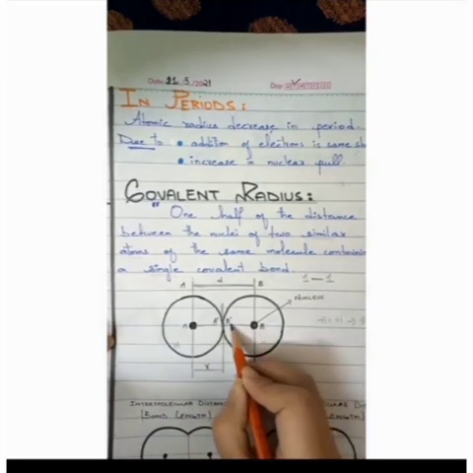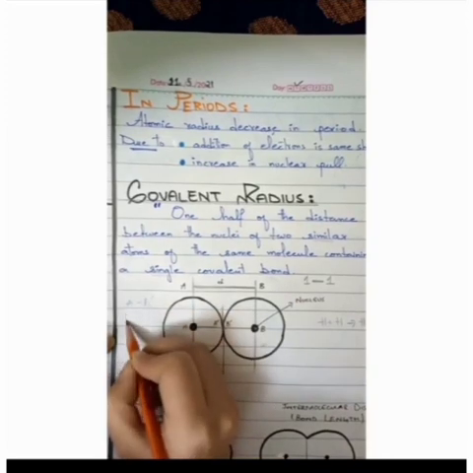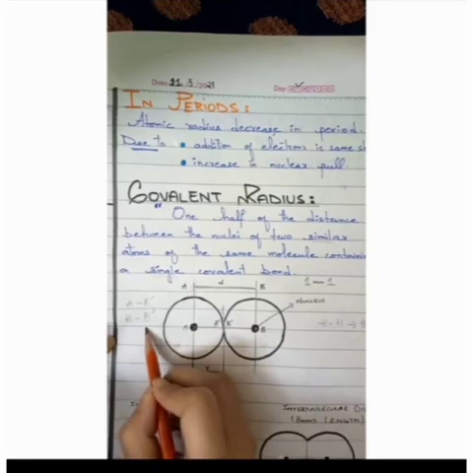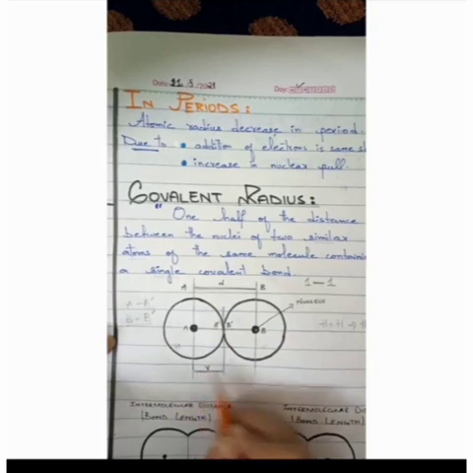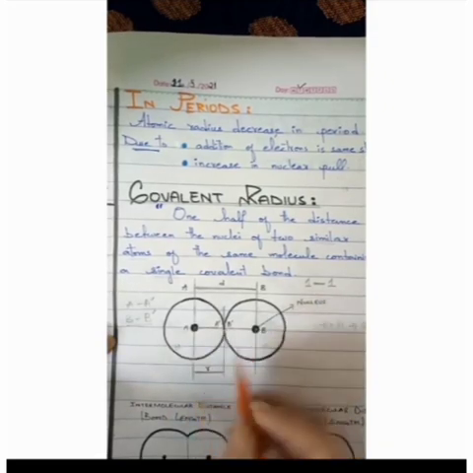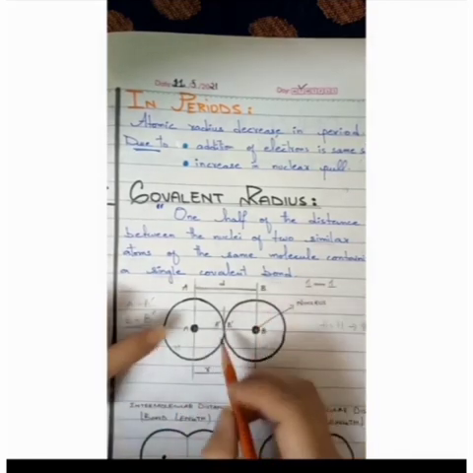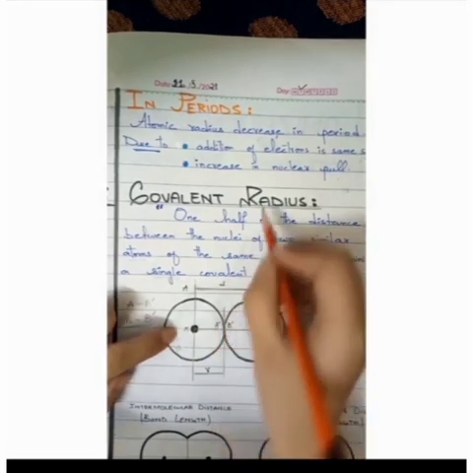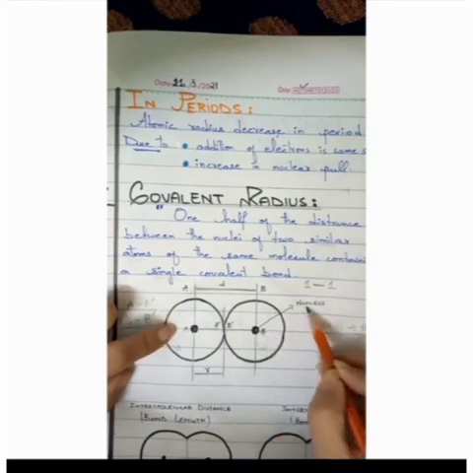This is the 1/2 of the distance between the nuclei. The distance from nucleus to outermost shell is called radius. And if we take nuclei to nuclei half distance, it is called covalent radius.